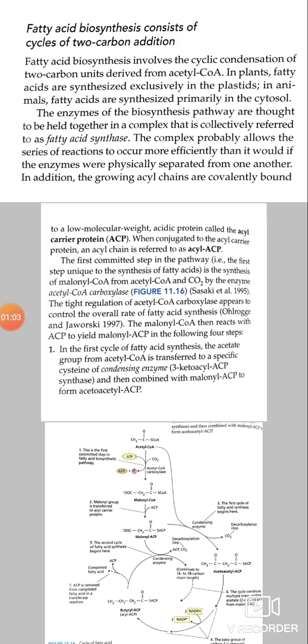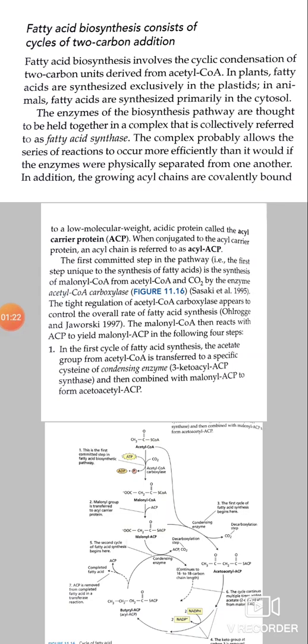The complex probably allows the series of reactions to occur more efficiently than it would if the enzymes were physically separated from one another.